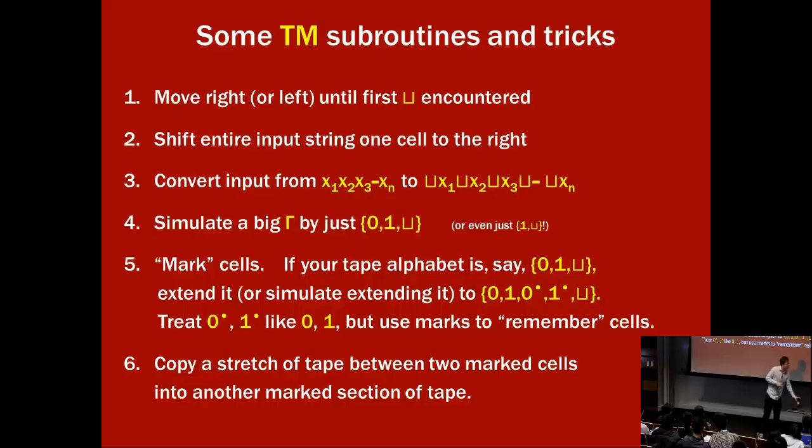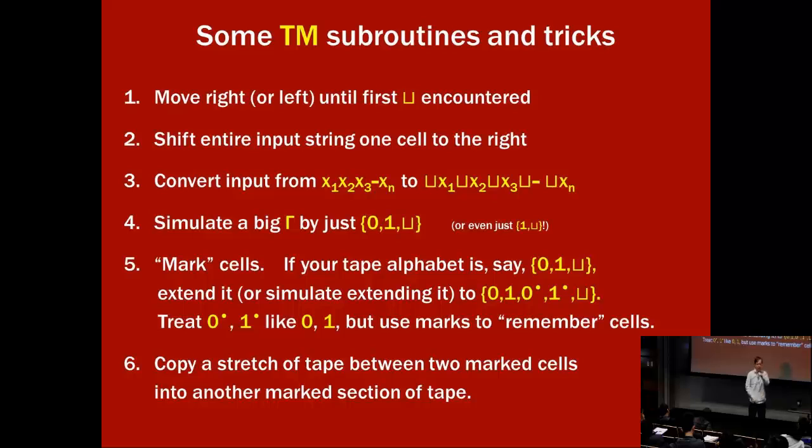OK. Another good trick, which is a little bit like this pound sign trick, is to mark cells. What does that mean? Let's say your tape alphabet is 0, 1, and blank. You just say at the beginning, you know what? I'm going to have 0, 1, 0 with a dot, 1 with a dot, and blank. Or you can simulate that if you want. And this is a good trick if you're moving the head around, and let's say you want to remember where the head was right here, but now I want to do some other logic, but eventually come back to where the head was.